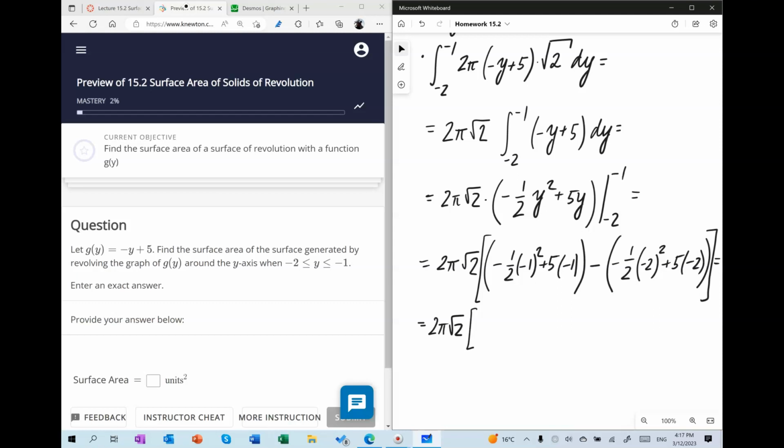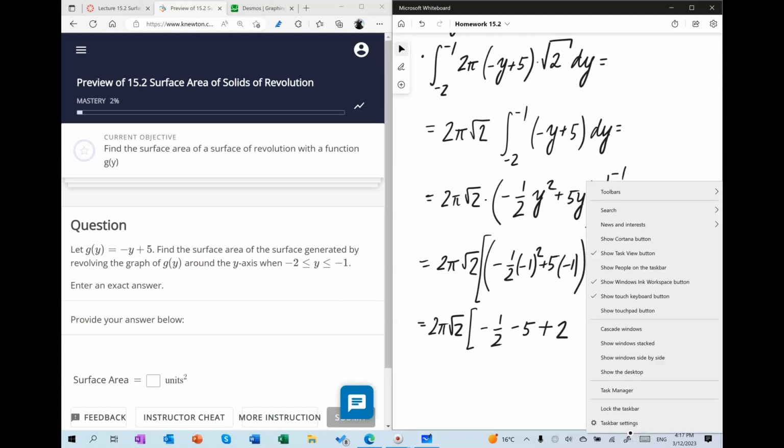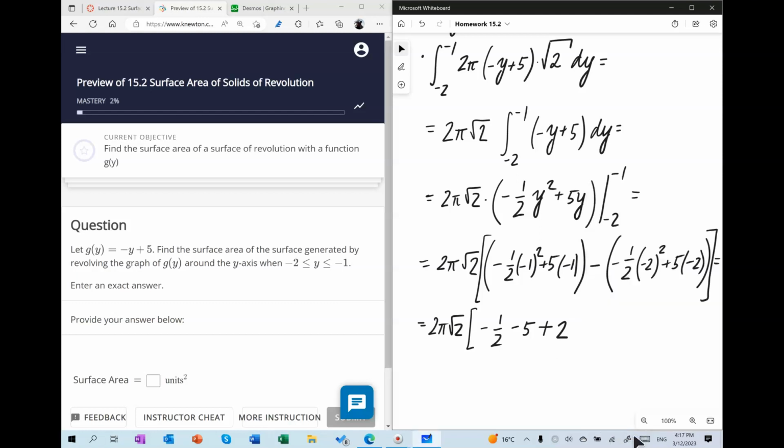And here we have negative 1/2 minus 5, and here we have -2 squared is 4, so we have negative 2, so it should be plus 2, and then we have negative 10, so it should be plus 10, so altogether we have 12 over here.